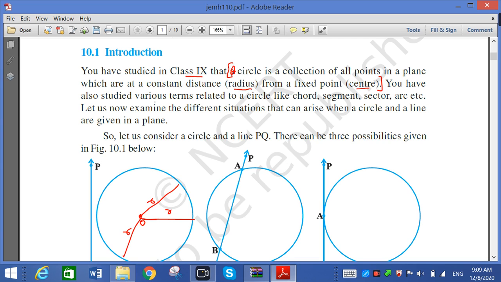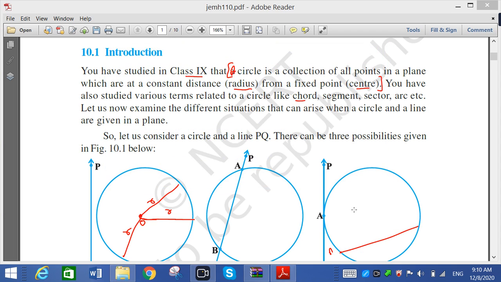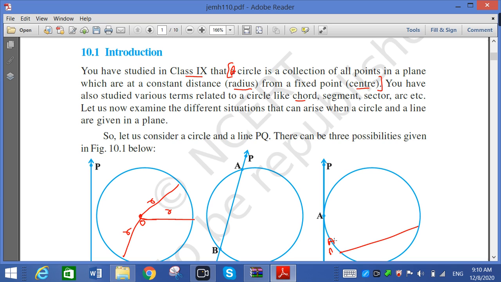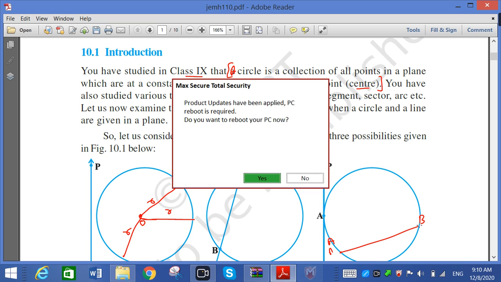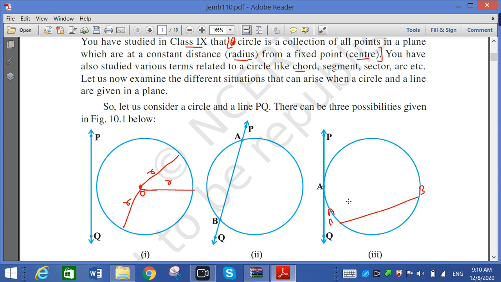You have also studied various terms related to the circle, like chord. Now the definition of chord: a chord is a line segment whose endpoints lie on a circle. Now let us go properly.